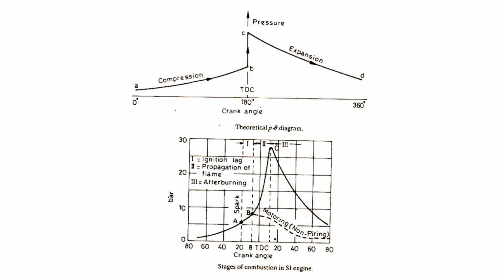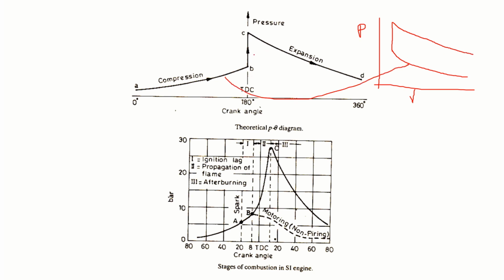This has been explained. For a petrol engine which works on the Otto cycle, if this is the PV diagram, this is adiabatic compression, constant volume heat addition, and then adiabatic expansion.